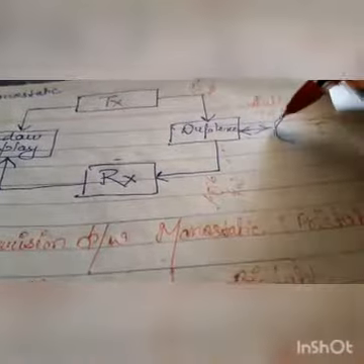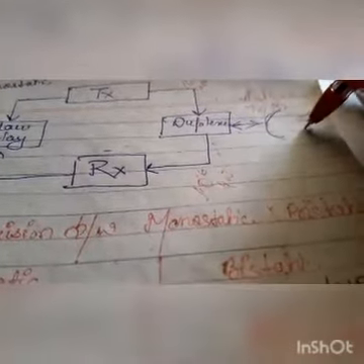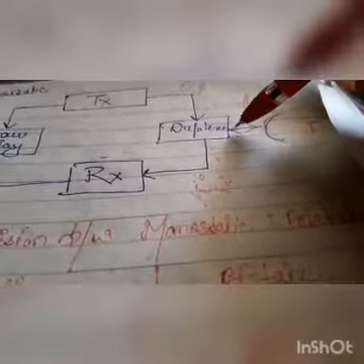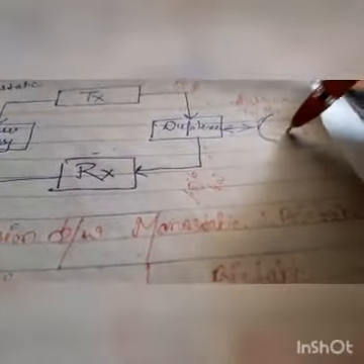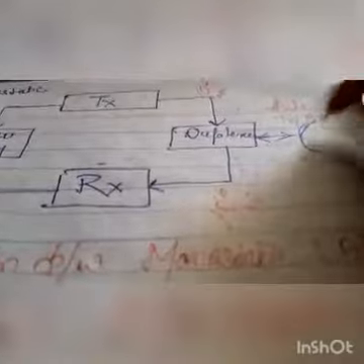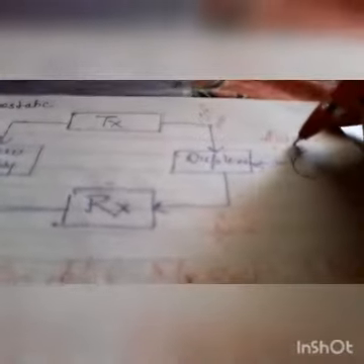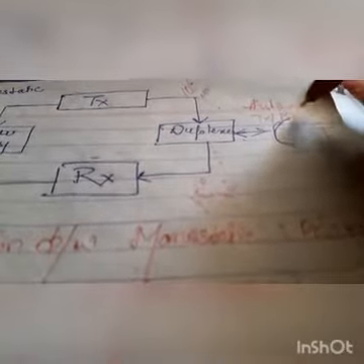A signal is sent from the transmitter through the duplexer to the target, and the target sends back an echo signal. The same antenna behaves as a receiver, receives the signal, and sends it back to the receiver.